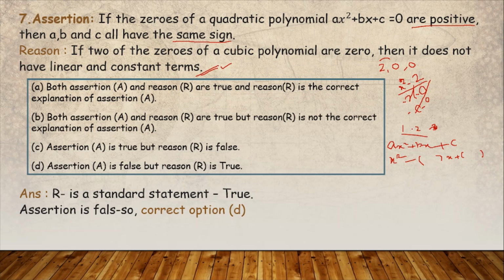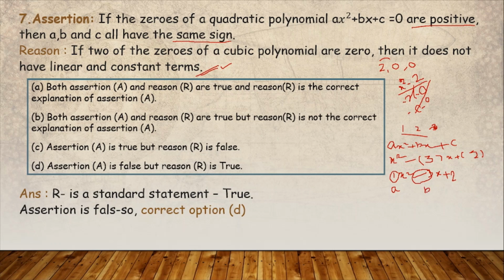So, the sum of zeros is 1 plus 2, 3. The product of zeros is 1 into 2, 2. Now, I have the quadratic equation 1x square minus 3x plus 2. Here a is 1, b is minus 3.